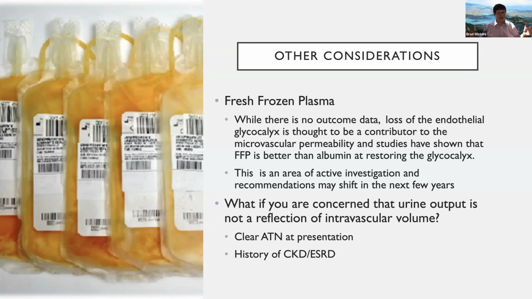But if you already don't make normal urine or you already have bad kidneys, it's not a reliable measurement. And some patients who come in because of hemorrhagic shock or other reasons may already have a clear acute tubular necrosis at presentation when they get to your ICU. And so you are concerned that urine output may not be as good an indicator of perfusion and successful resuscitation as you might like. And that could be really challenging.